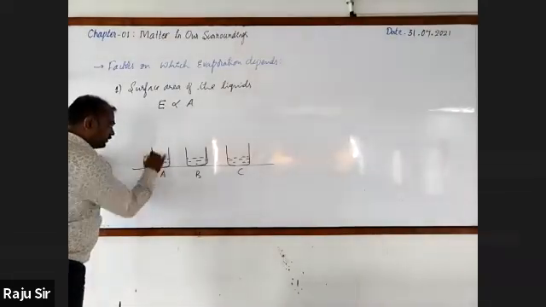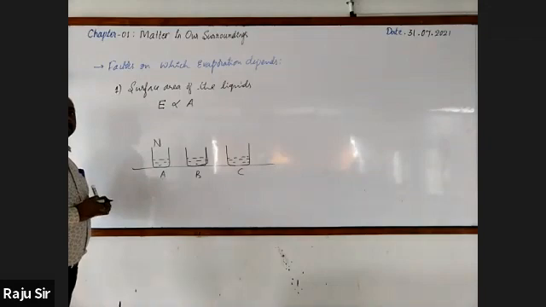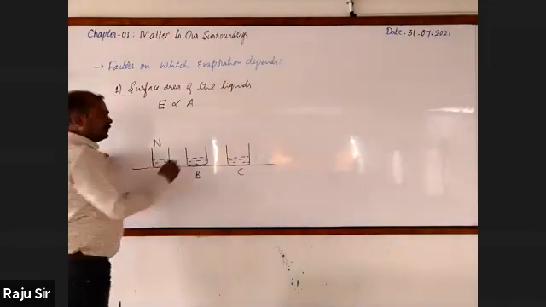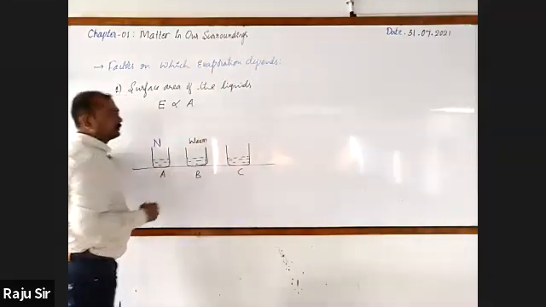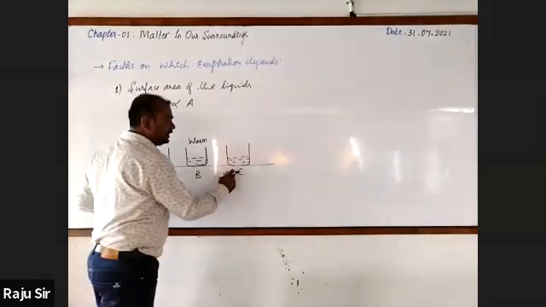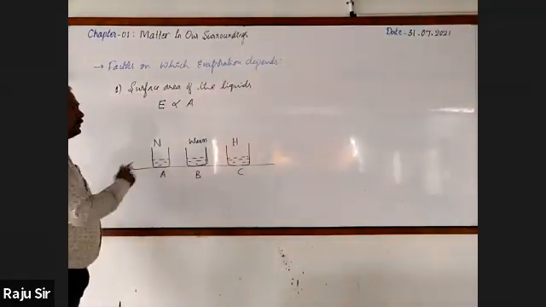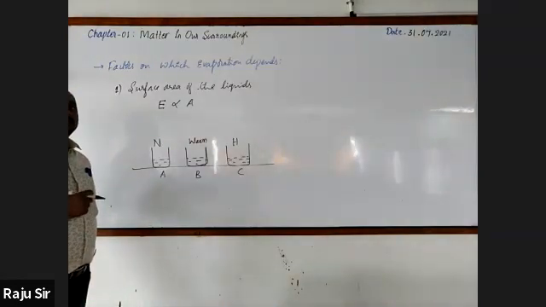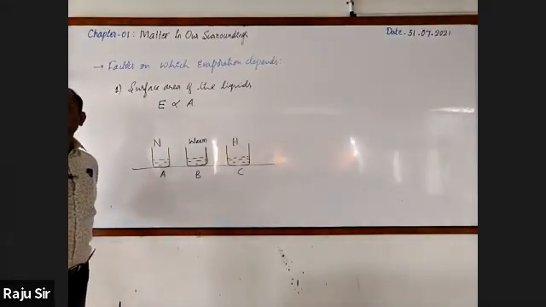In beaker A, we have taken normal water. In beaker B, we have taken warm water. And in beaker C, we have taken hot water. Could you tell in which of these 3 the water gets evaporated faster? In beaker C, hot water. What will be the reason?